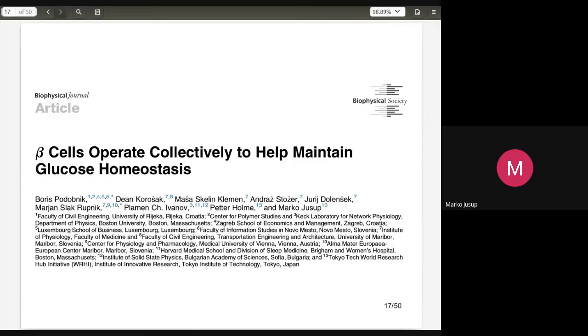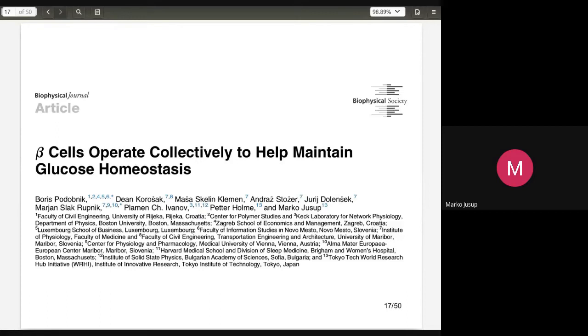It's a work that has involved quite a number of people. So some of you may know Professor Podobnik, who, I guess, does not need much introduction in Croatia. Then there is a team from Slovenia of mostly physiologists who did the splendid empirical work and really helped a lot with interpretation.